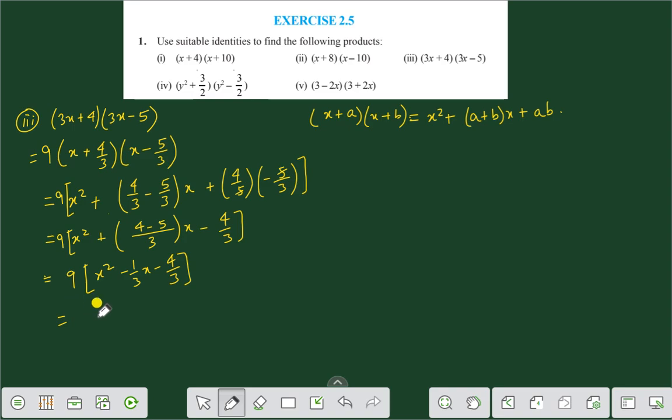Or we are getting 9x square minus 3x minus 4.